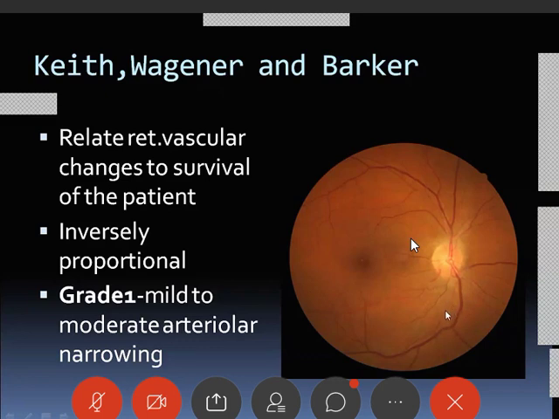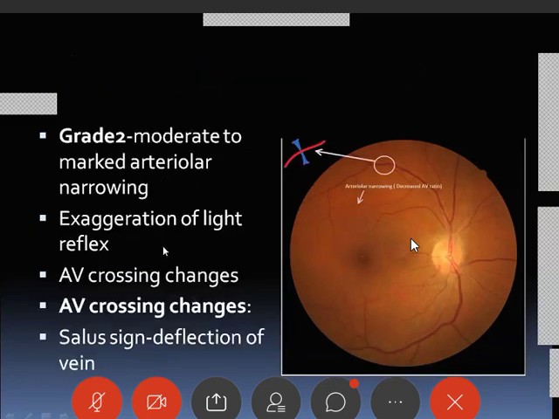I told you that the normal AV ratio is 2:3, but here it is altered. The arteries are narrowed, almost like 1:3, so there is definitely arteriolar narrowing. That is grade 1 hypertensive retinopathy.